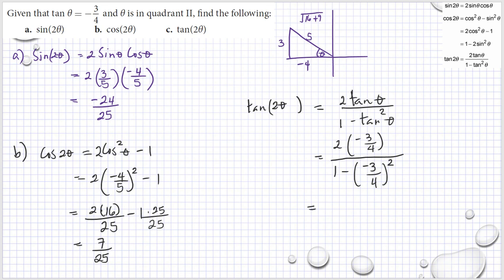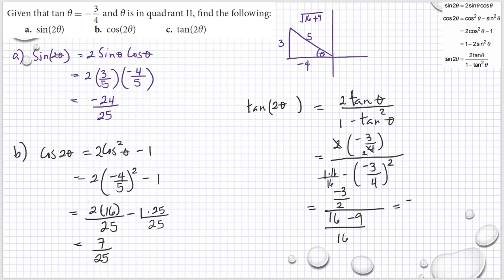This will give us negative 3/2 divided by, if we expand the 1 by 16, then we have 16 minus 9 divided by 16.